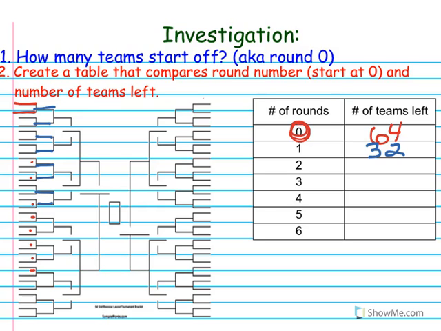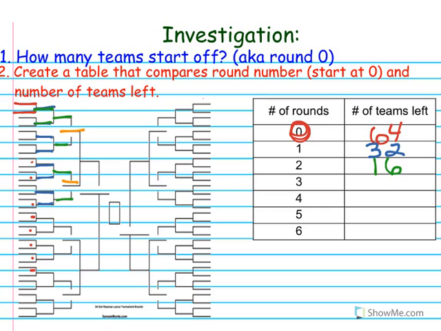Once we get to round 2, now that number 32, those 2 teams, only 1 person can win out of those 2. So that is the 32 cut in half again, which is 16. And then after the 3rd round, out of those 16, only 1 person can be chosen.